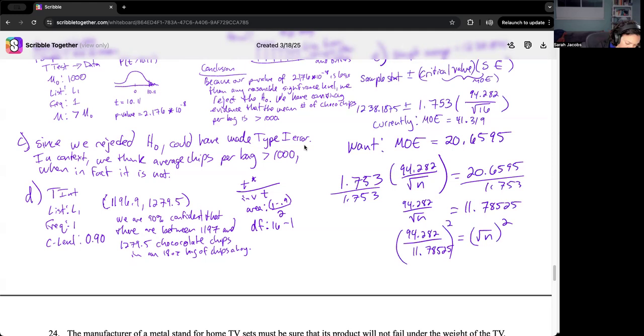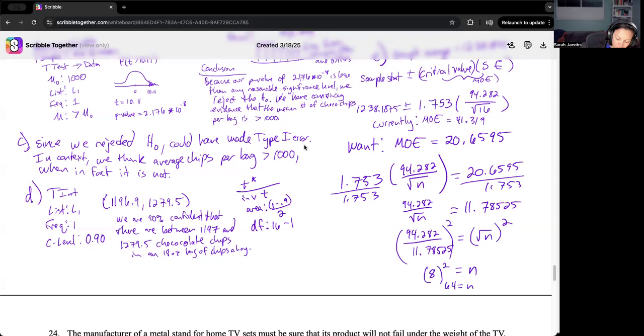So we have 94.282 divided by that 11.785. That's just 8. So 64 is equal to n.